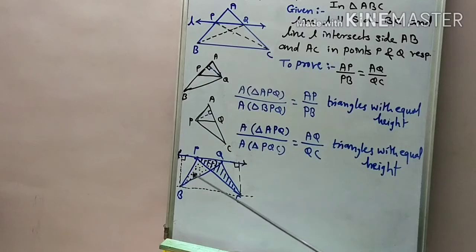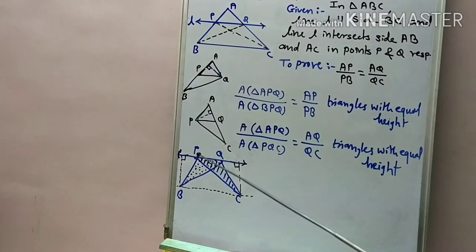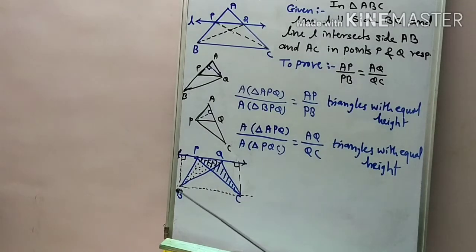Because as we take the ratio of the areas of the two triangles, we notice both triangles have a common base PQ. Okay, and as we take their heights, for base PQ, here we have a perpendicular which is the height of triangle BPQ, and from C here we have a perpendicular which is the height of triangle PQC.